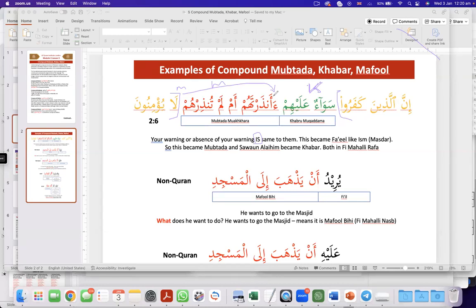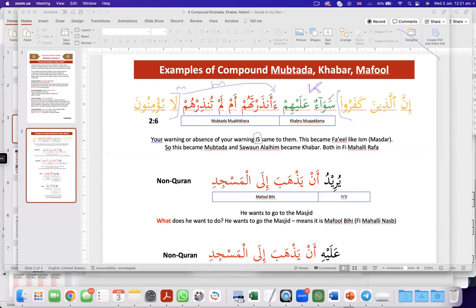Here I can see the Khabar Muqaddam came first. First understand what is khabar, and then we'll talk about the muqaddam and muakhar. Please, first understand why this is khabar, why that is mubtada, and what it means there. By meaning it is mubtada and khabar.